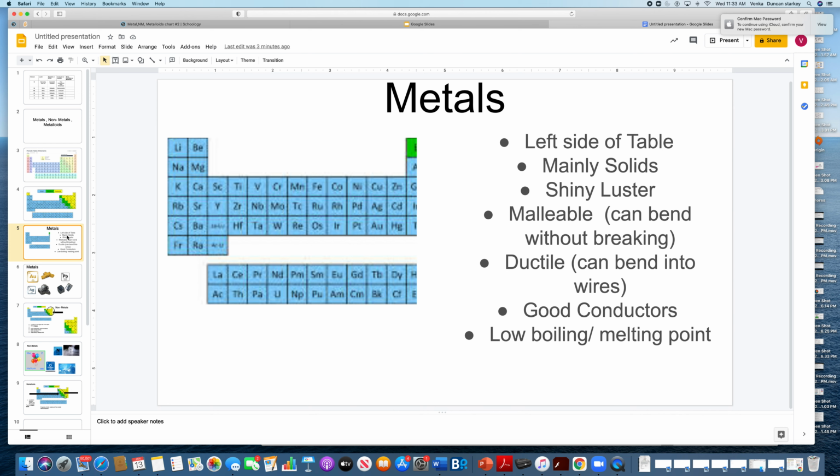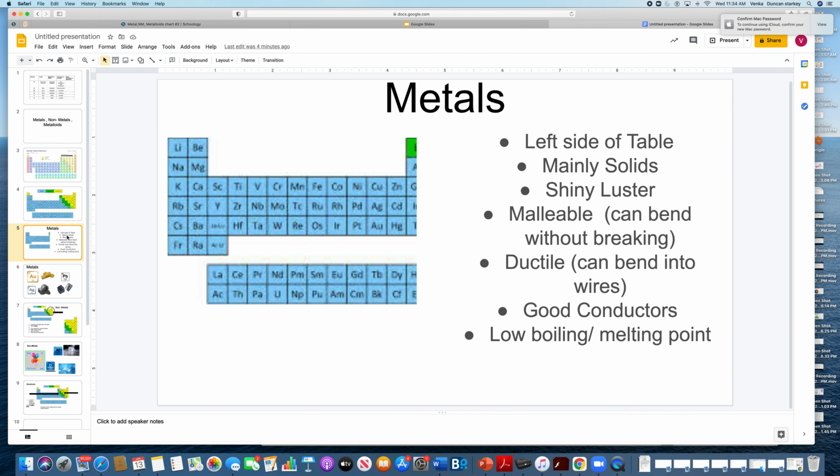They're also ductile, which means they can be drawn or bent or pulled into thin wires. They are good conductors, and they have low boiling and melting points.